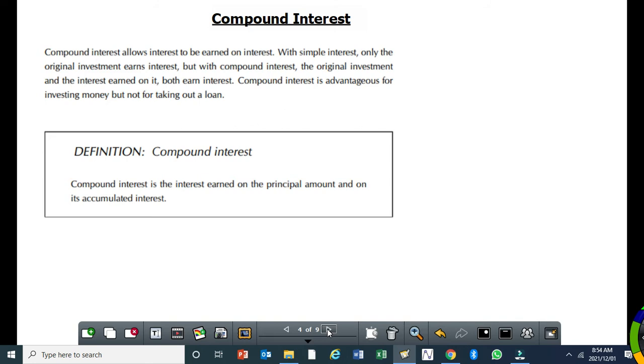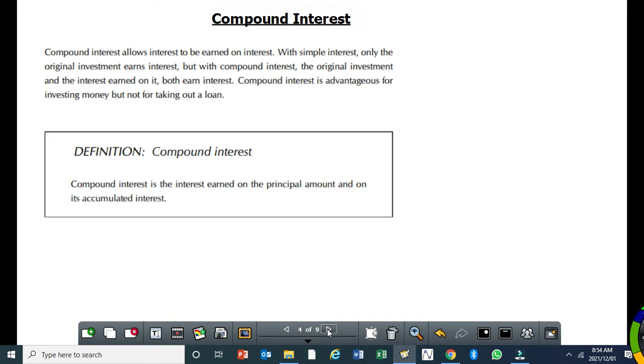So it means interest will be calculated twice. In the case of simple interest, the interest is only calculated once. For compound interest, it's calculated two times. First, on the amount that was borrowed. Second, on the amount that was borrowed plus the interest that accumulated.